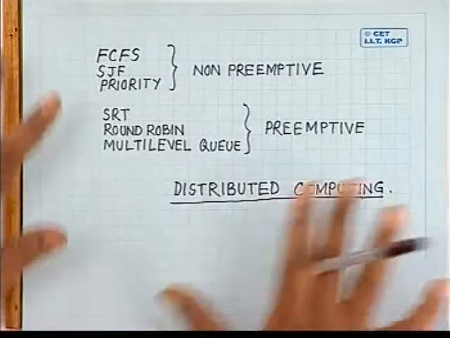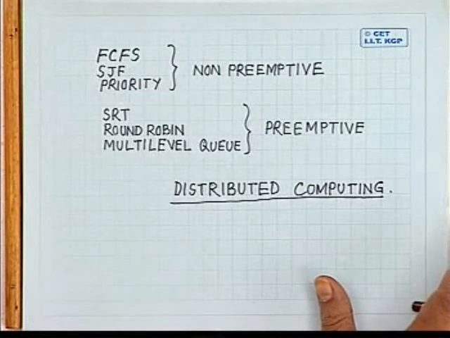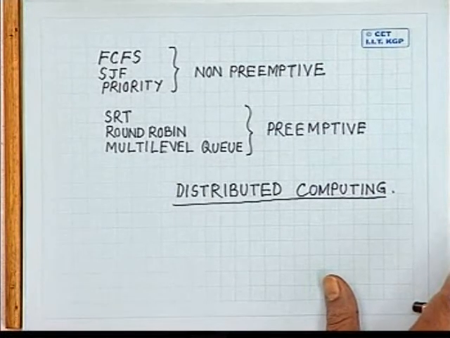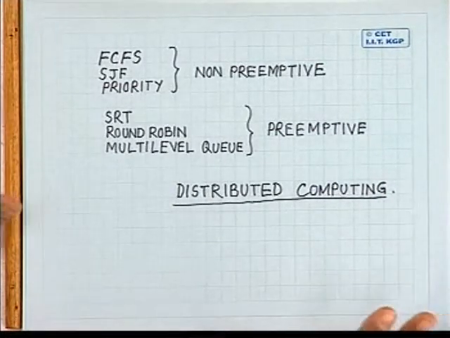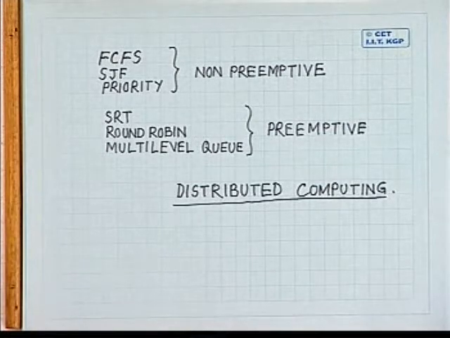So in the distributed computing environment, I have a number of computers connected over the network, and a number of jobs which are to be executed in that distributed environment. So my decision has to be which of the jobs is to be allocated to which of the computers. For that, different considerations are to be made.